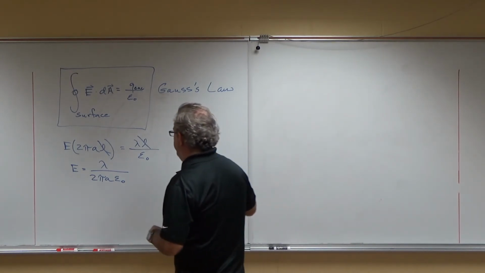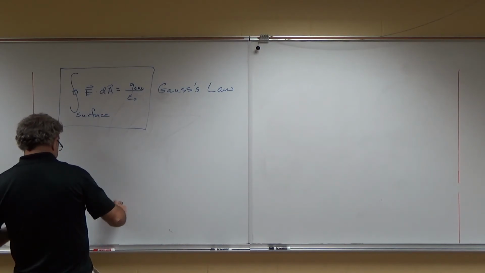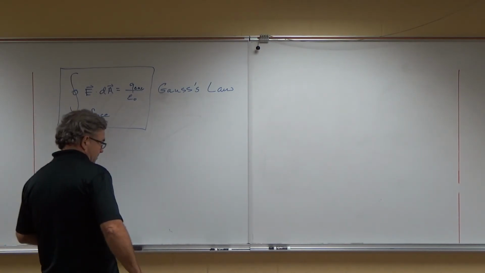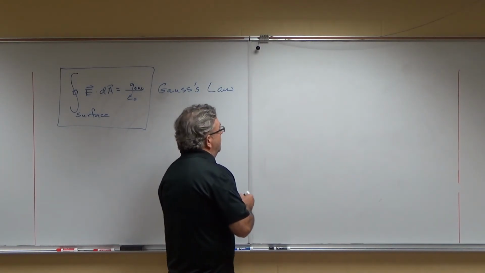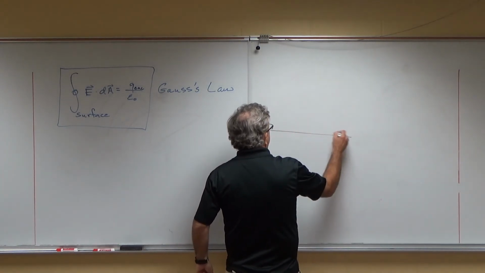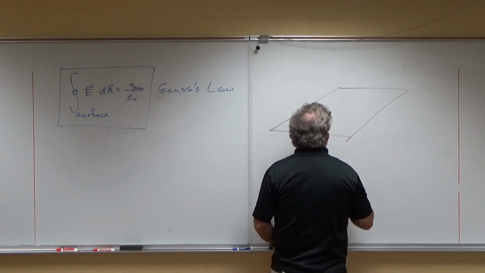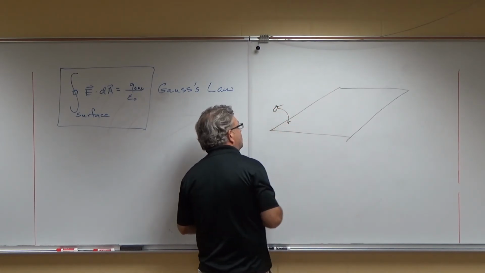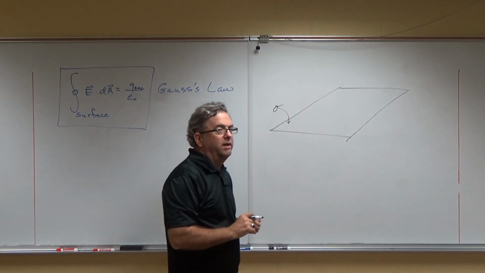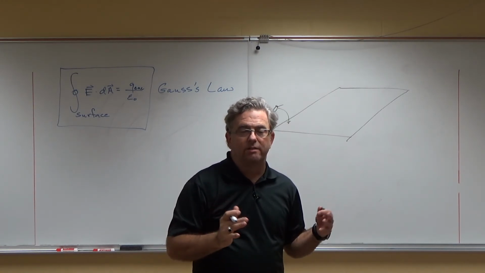Here's a real simple example that may not be quite as obvious. Here's that big plane of charge. It has charge per unit area sigma, and I'll make it positive, it doesn't have to be.